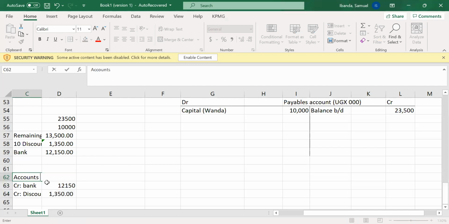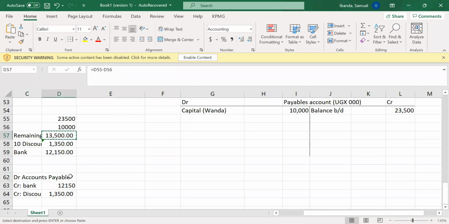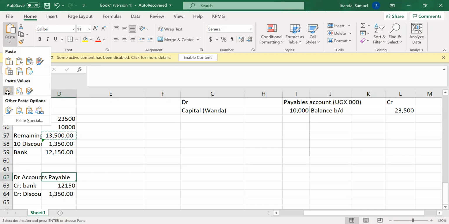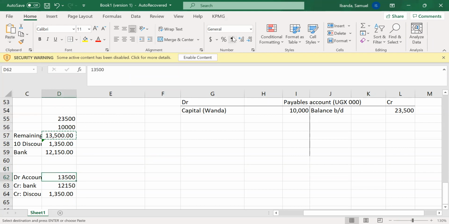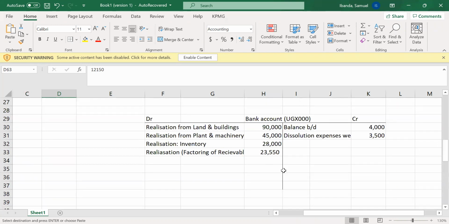So my accounts payable will be debited with the total, which is 13,500, because I have to close it off. So partly is being paid, partly is the discount. I've not been asked to draw the discount account, so I'll not mind much. So what I want is the bank account. So I'll just pick this 12,150 and come here to my bank account.